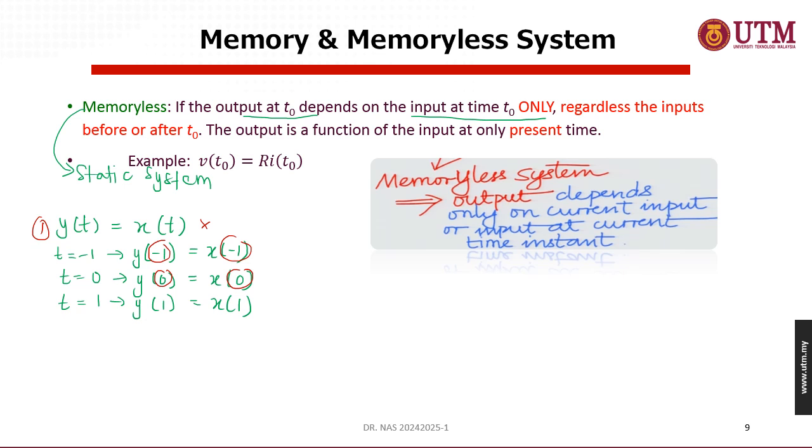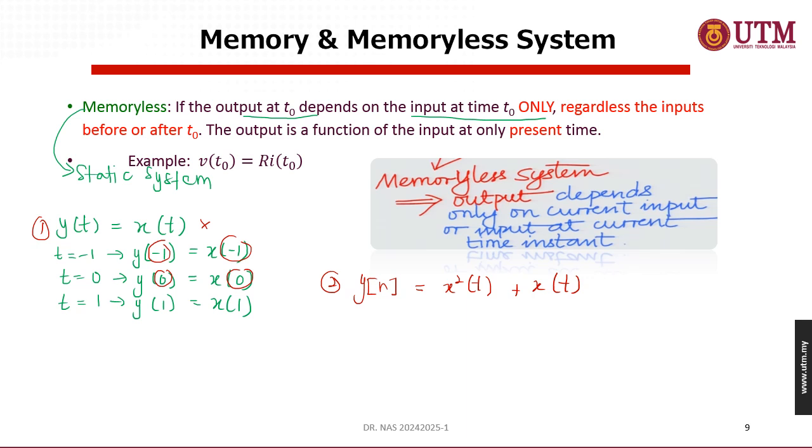Okay, this is the first example. Let's look at the second example on a memoryless system. y(t) equals x squared (t) plus x(t).